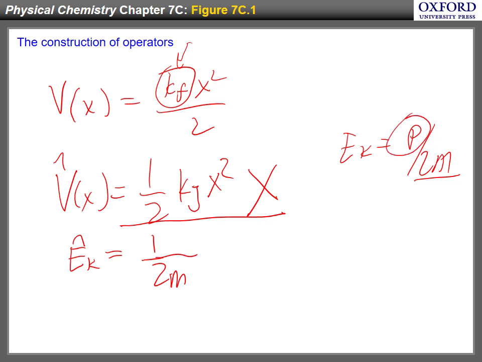So, let's see, I made a mistake. It's a p squared. And p squared, if you remember, was the i times d dx, right? Just go back and look at it.